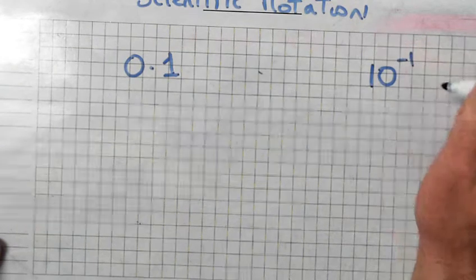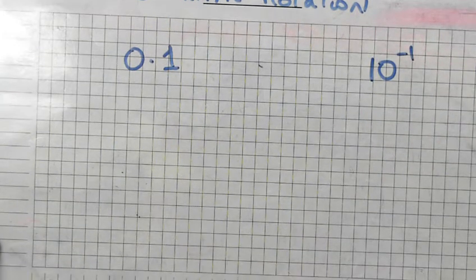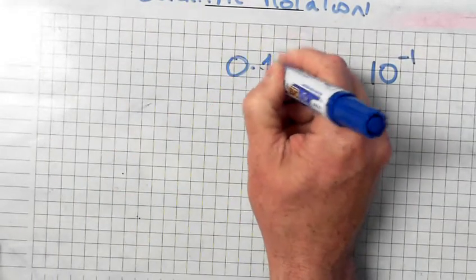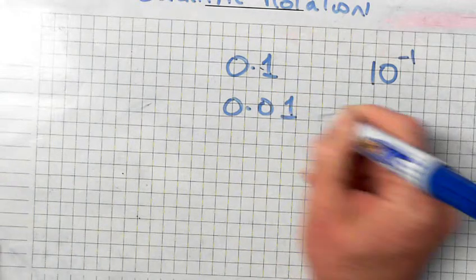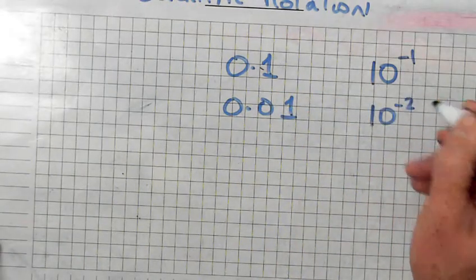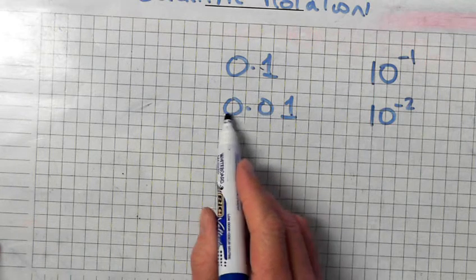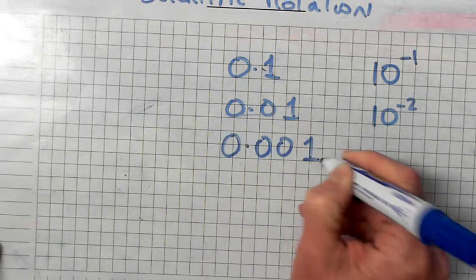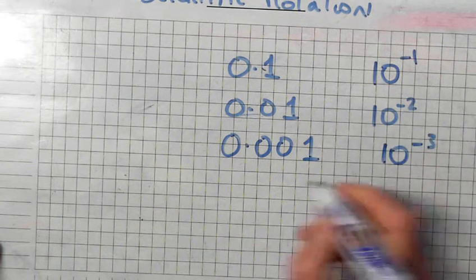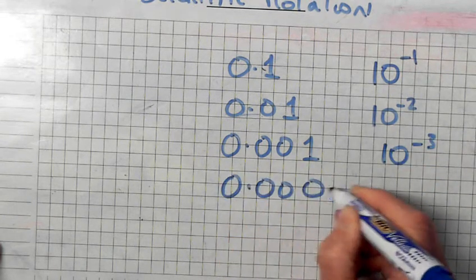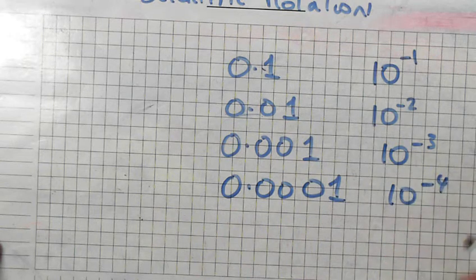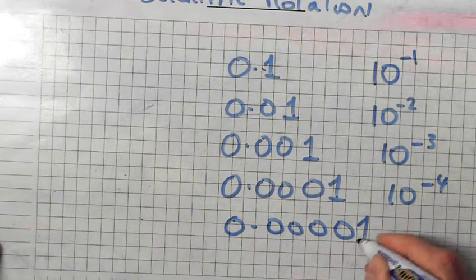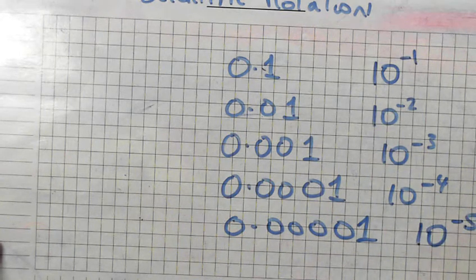That's 10 to the, not 1, but minus 1. 0.01, that's 10 to the minus 2. Notice there are 2 zeros. 0.001, 10 to the minus 3. 0.0001, 10 to the minus 4. The number's getting very small. 10 to the minus 5.